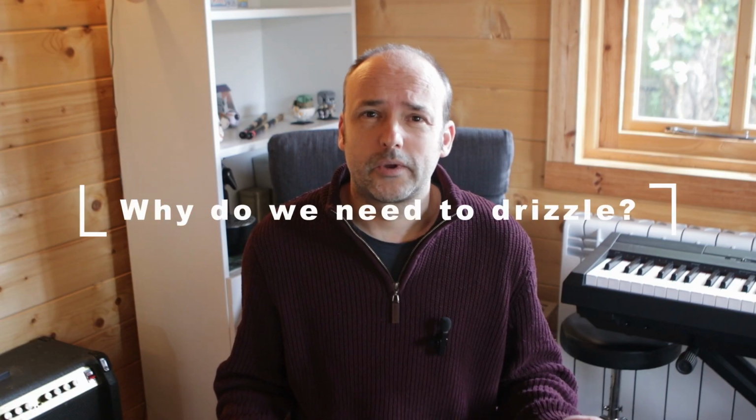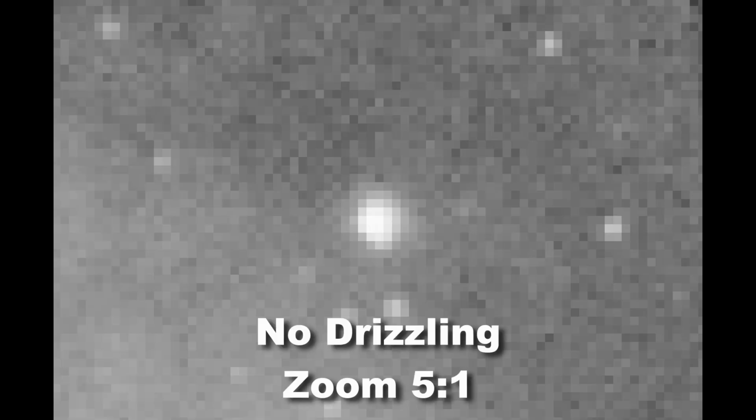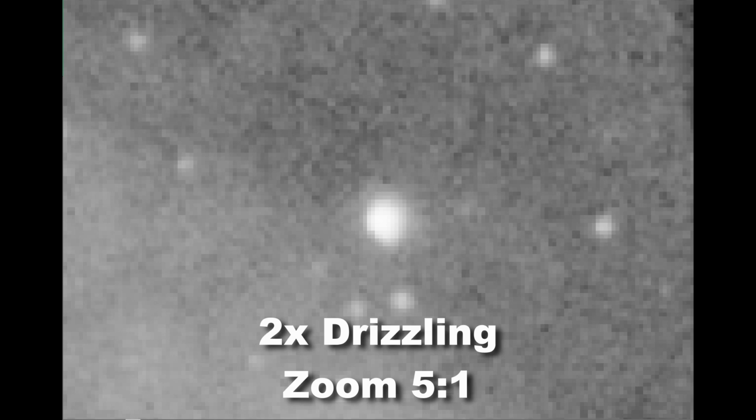Now, you might be wondering why we need to drizzle in the first place. The main reason, which prompted this video, was when your camera and your telescope combination result in something called undersampling. This occurs when the number of pixels that you have in the image is insufficient to accurately capture the detail of the object you're imaging. So for example, when you zoom into any stars in the field of view, you'll find that those stars are slightly blocky and pixelated, and so you haven't got the nice round definition of the stars themselves.